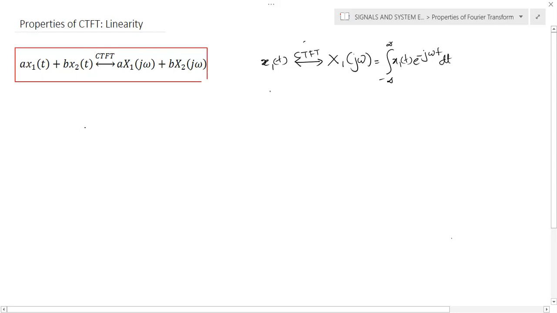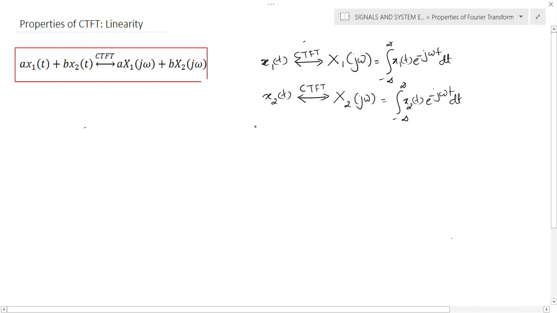Similarly, there is another signal. Assume that the signal is x2 of t, and the continuous time Fourier transform of the signal x2 of t is X2 of j omega, given by the equation integral minus infinity to infinity x2 of t into e raised to minus j omega t dt.